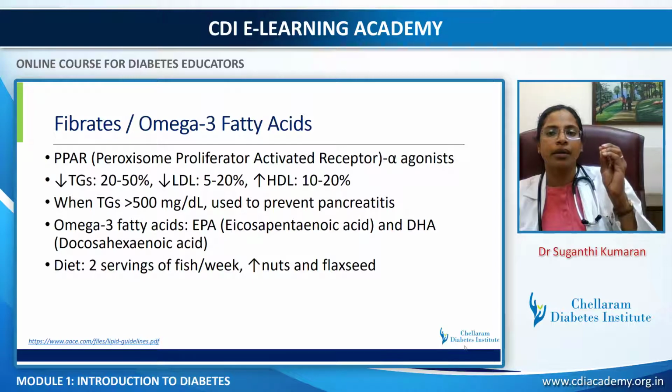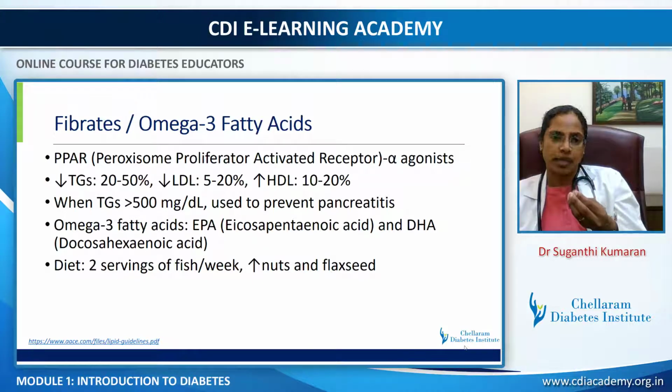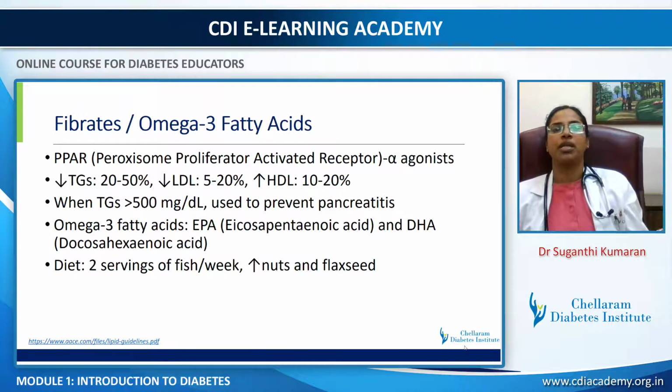Omega-3 fatty acids, same pathogenesis. It reduces the triglycerides. In fact, there was a recent trial, REDUCE-IT, which had shown that omega-3 fatty acids do reduce cardiovascular diseases. However, these are purified omega-3 fatty acids, unlike the supplements.